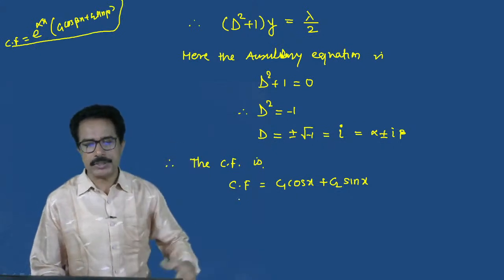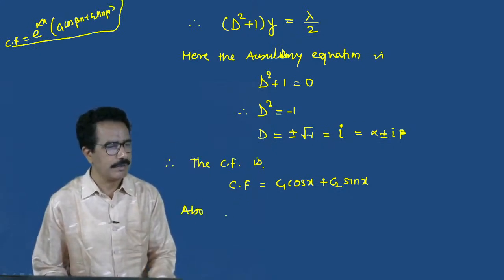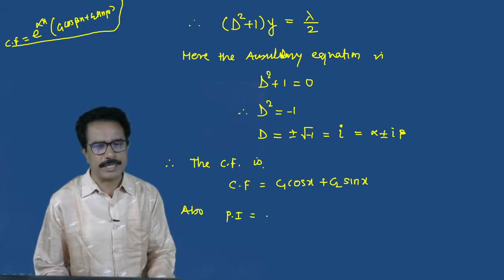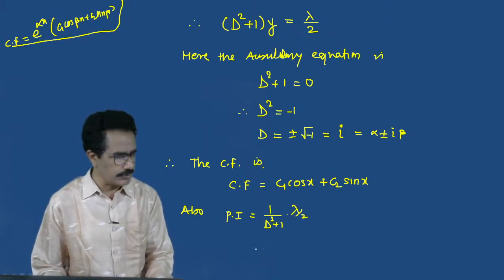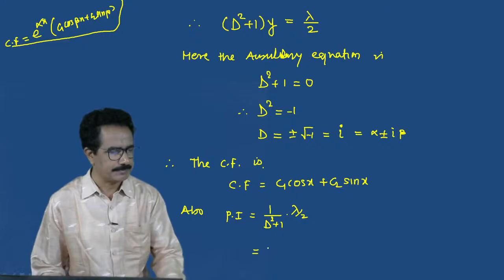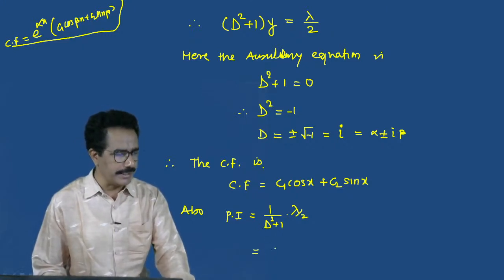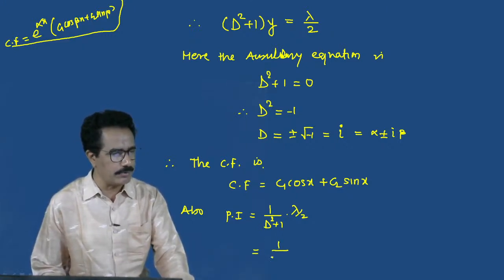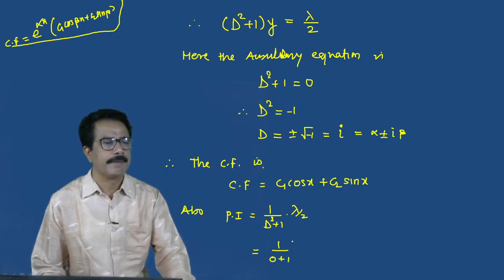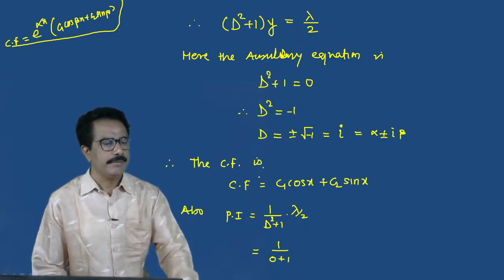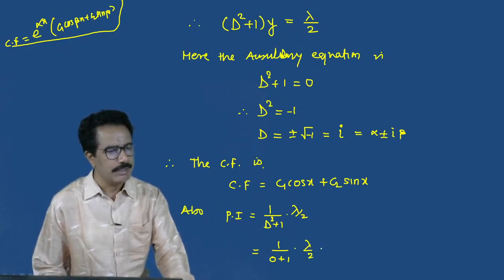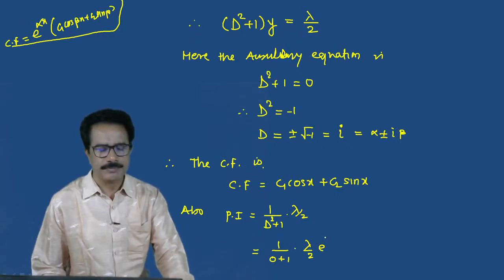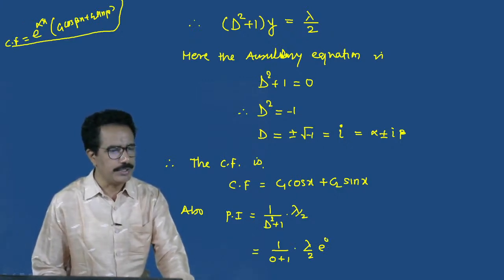Similarly, we can find the particular integral also. Do you remember the particular integral? 1 upon D square plus 1 into lambda by 2, which is a constant. So we can write this, now D is 0, so we can write 1 upon 0 plus 1. Put this value of D, meaning 0 plus 1, we can write lambda by 2 into e raised to 0x.